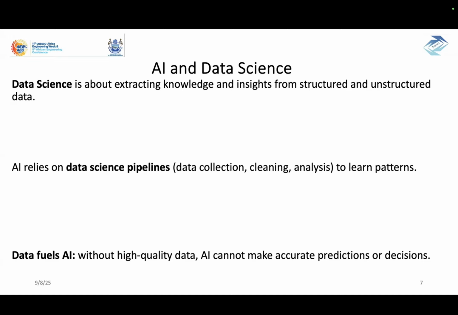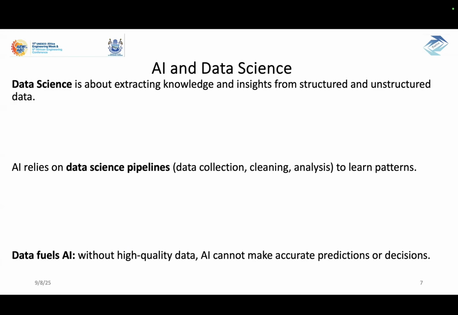What about unstructured data? Unstructured data are the data that are just unstructured. For example, the WhatsApp message, the text that you write, all those, including messages, those are unstructured data. So what data science does, extract knowledge from both the structured and unstructured data.